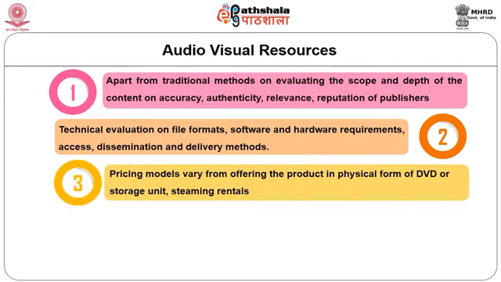Pricing models also vary, from offering a product in physical form or DVD storage, to streaming rentals, or access-based models such as classroom or public viewing, lending to patrons or mirroring in a server. Usually the copyright laws restrict replication of the content for storage, or come with browse-wrap or wrap-up license agreements that come along with the physical unit.